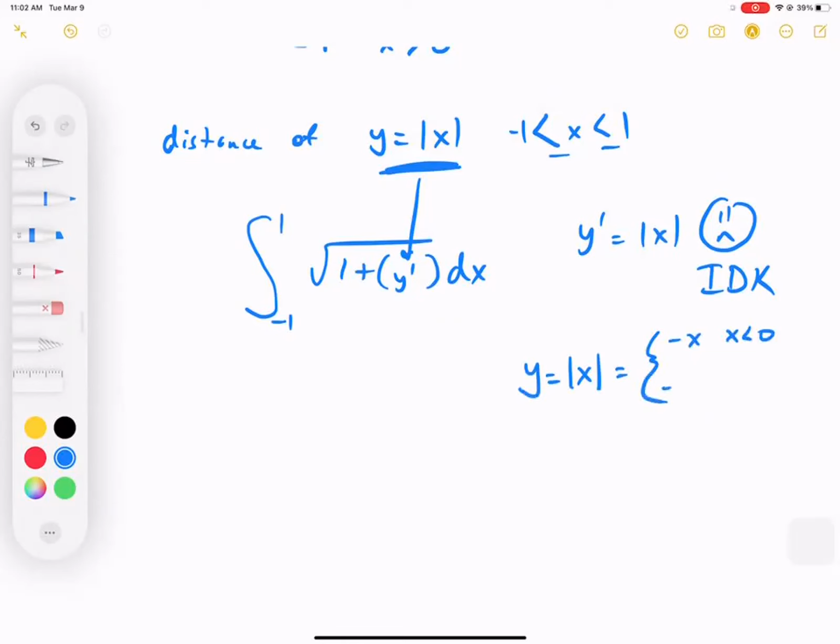If x was greater than 0, we can be totally cool with this. All right, let's take the derivative. y prime is negative 1 when x is less than 0, and positive 1 when x is greater than 0.